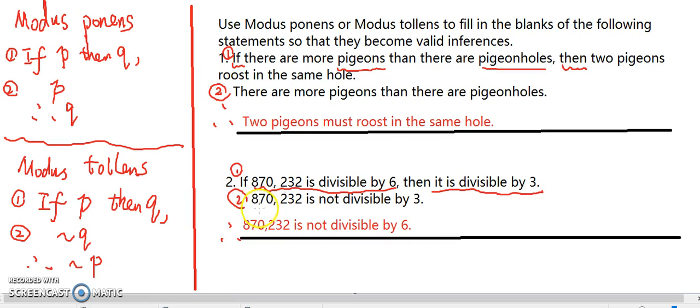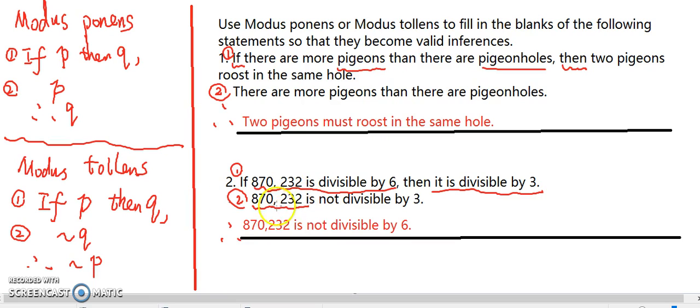And for number 2, we have a rule that we can check quickly if a number is divisible by 3. You add all the digits in this number: 8 plus 7 plus 0 plus 2 plus 3 plus 2. So you get 8 plus 7, 15, plus 2, 17, plus 3, 20, plus 2, 22.